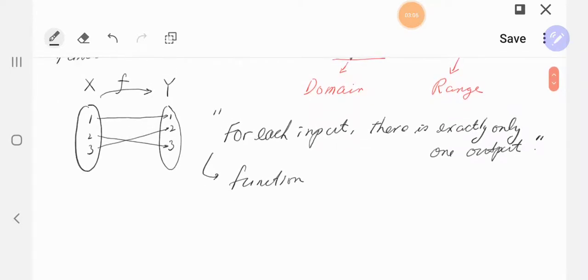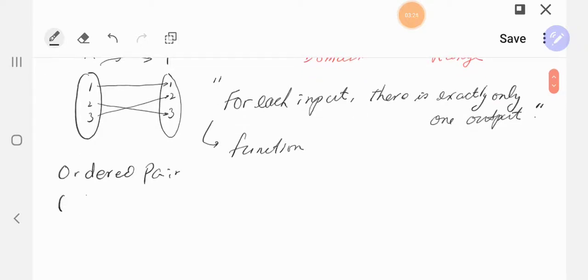So we have a domain and a range. In this case, we can write the relation in ordered pairs, that is, XY ordered pairs. The set of all these ordered pairs is: when X equals 1, Y equals 1; X equals 2, Y is 2; X equals 3, Y is 3.